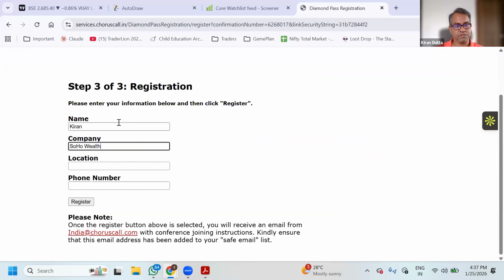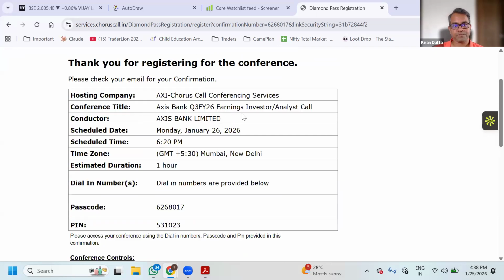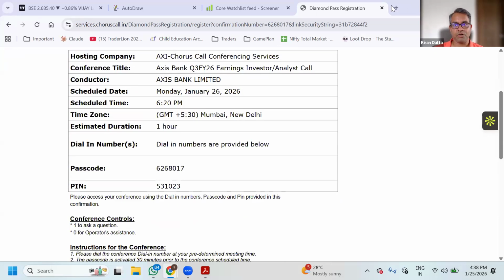So here, for company, you can put individual investor. Okay, if you are not representing any company or whatever, you can click on register. So you will get an email calendar automatically.